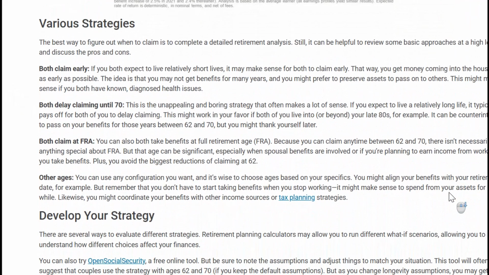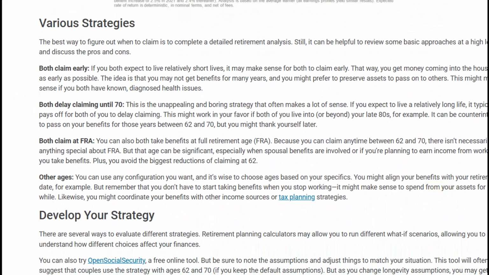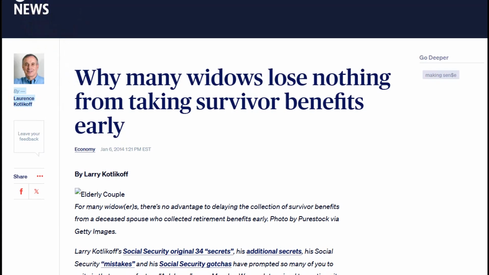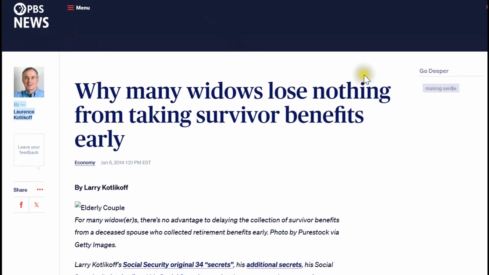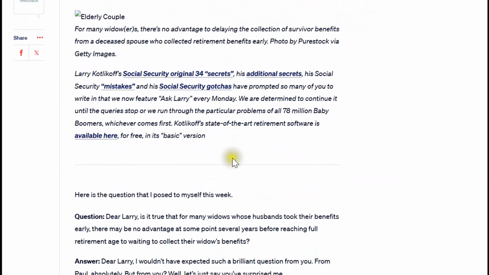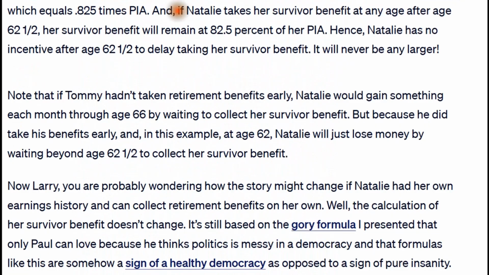There is some relief, although this gets complicated quickly, for survivors when a spouse claimed early. So let's say you never worked outside the home, or you had low earnings, so your own benefit is negligible. And if your spouse claimed before their FRA and got a reduced benefit, you're going to want to analyze the situation carefully, because you might be able to get up to 82.5% of your deceased spouse's FRA amount, also known as the PIA, again, relatively quickly.